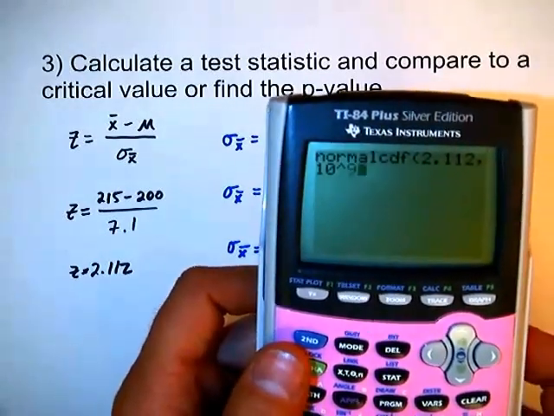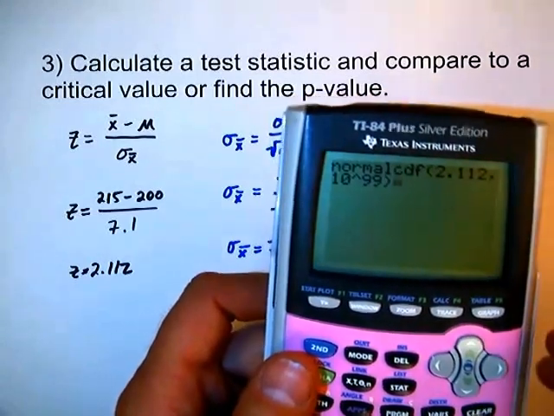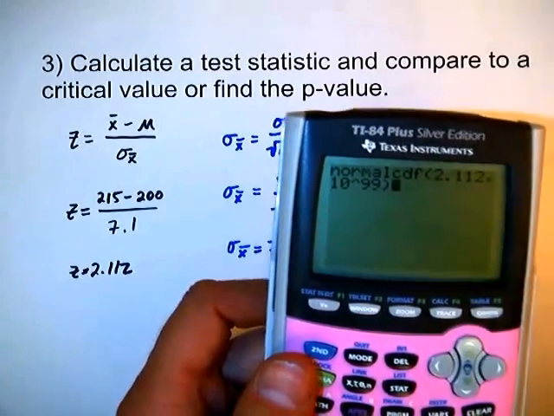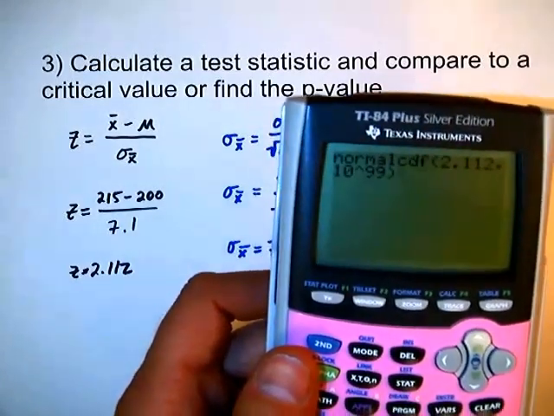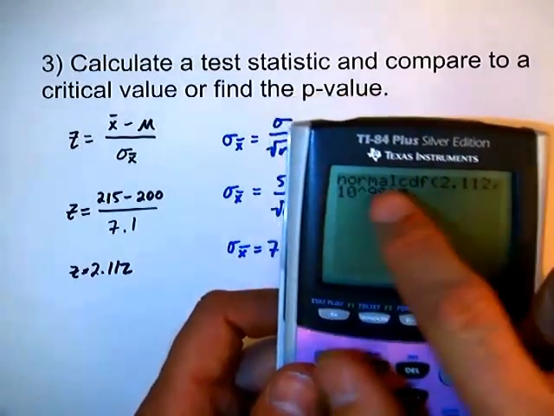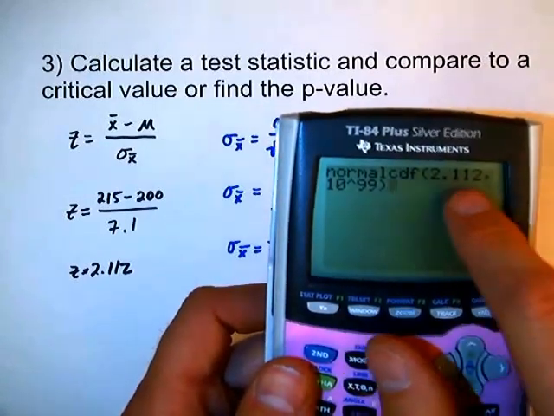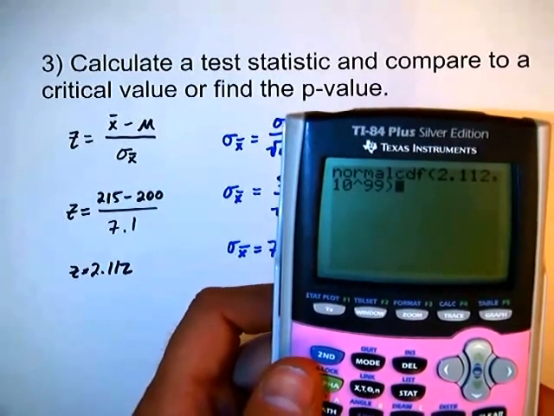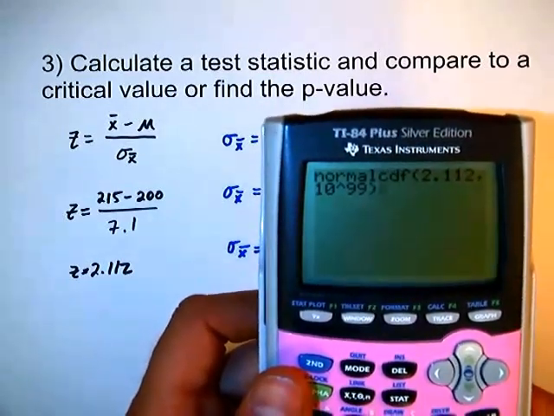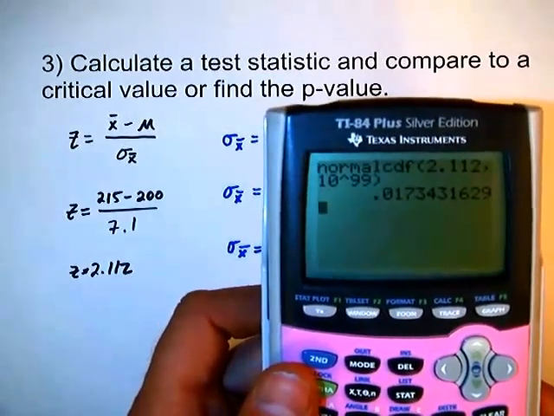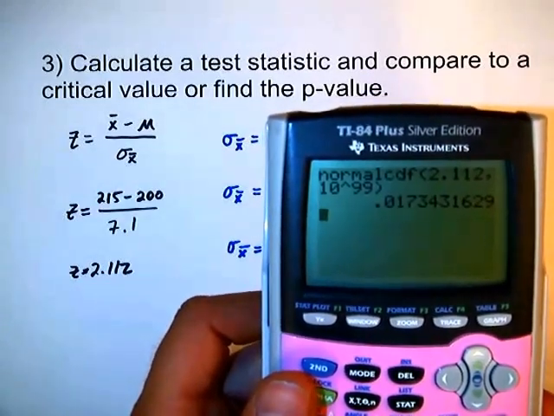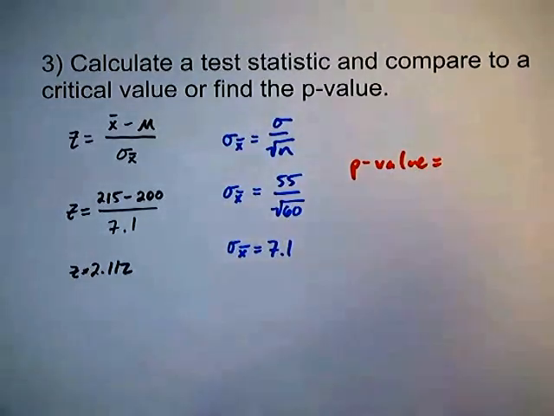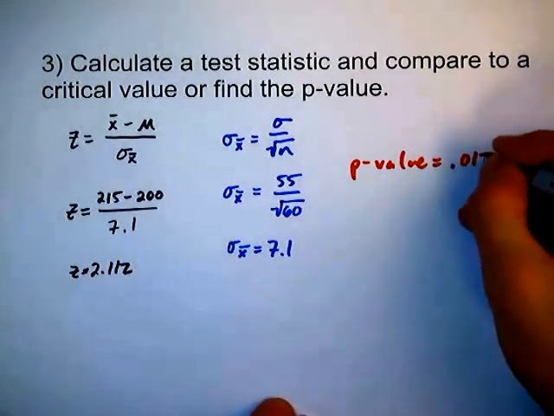Even though you can't technically calculate that area, we know since the area under the curve is equal to 1, or a probability of 1, this will give me the probability of 2.112 or more. Okay, so I'm going to use 10 to the power of 99 as a way of representing positive infinity. Now what that's going to give me is a p-value of about 0.0173. Okay, so I'm going to write that down.